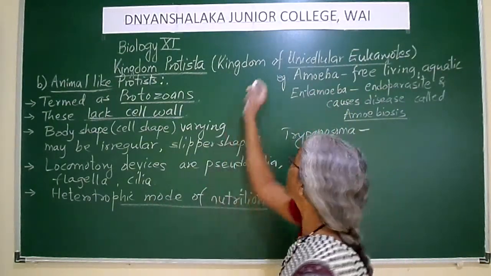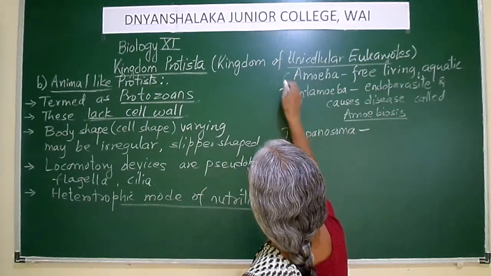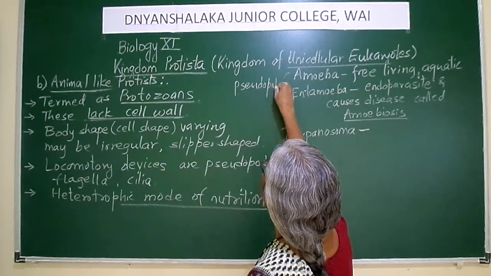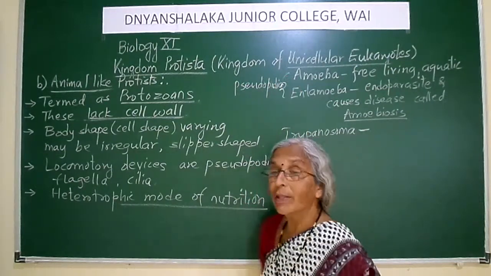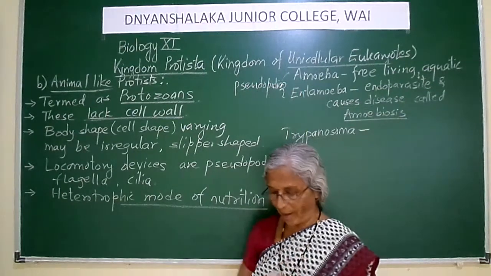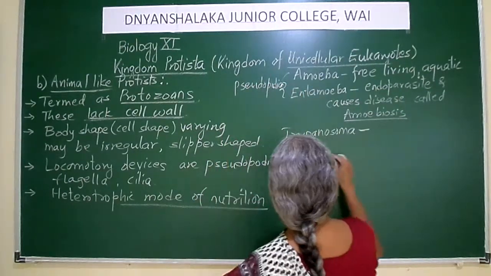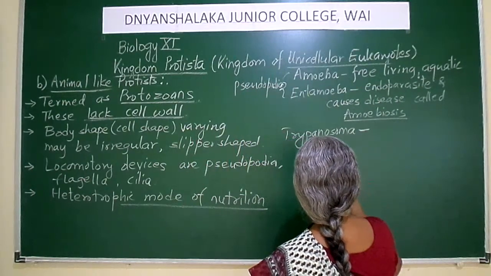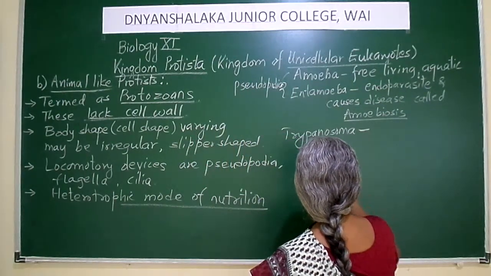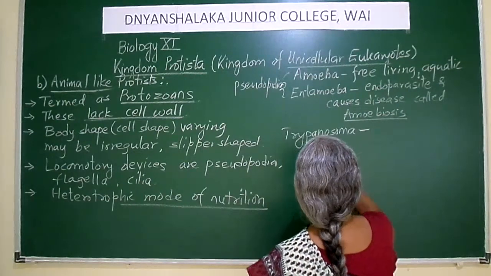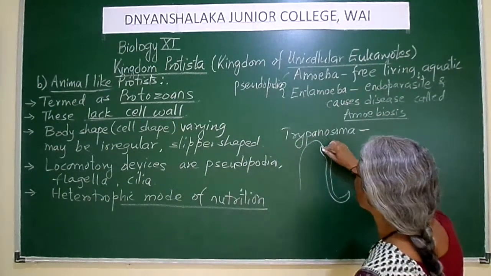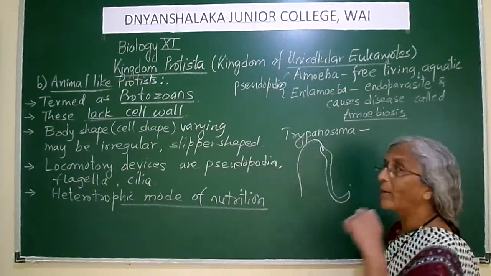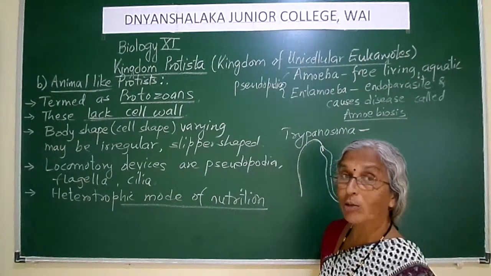What is their locomotory organ? In both of these, the locomotory organ is pseudopodia, false feet. Now this trypanosoma has a long flagellum. So if we see this trypanosoma, it is something like this, and it is with a long flagellum. So this is the flagellum.